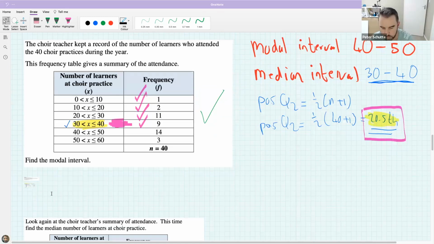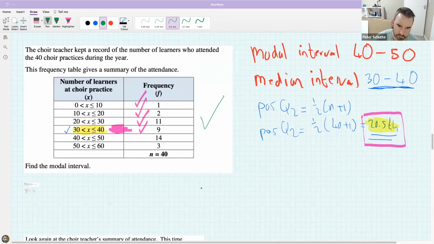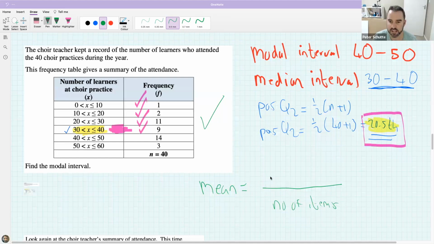Now, before we have a break, I want to talk to you about the problem with the mean. If we have a mean, normally we go and we say, what are the number of items in the data set? And then we add up all the items. So that's what we do for the mean.